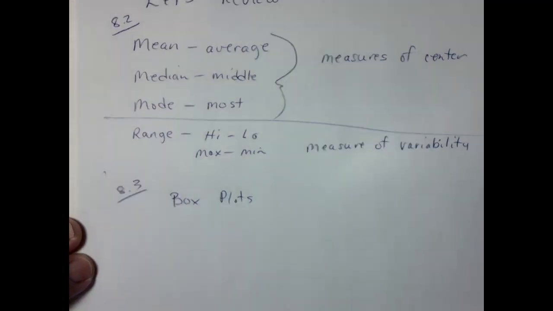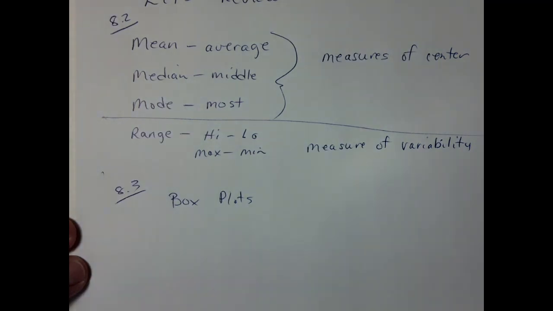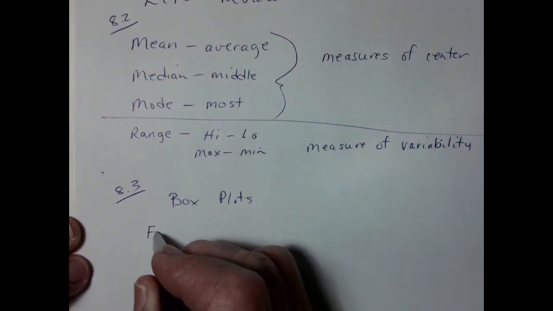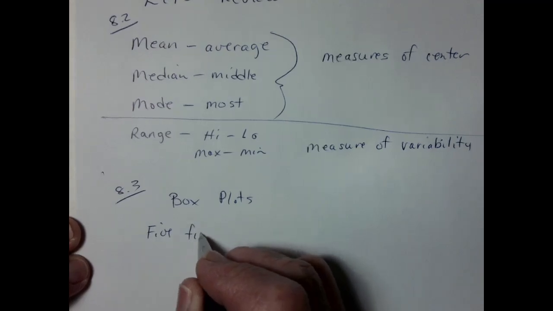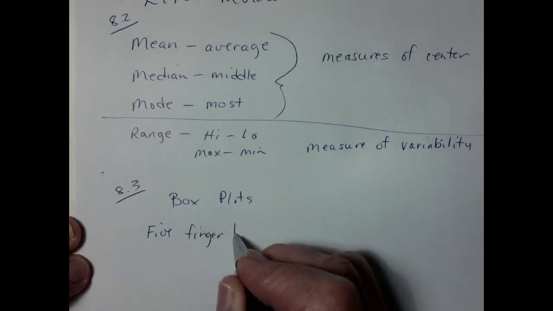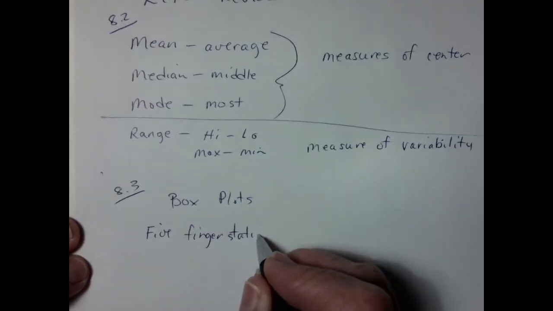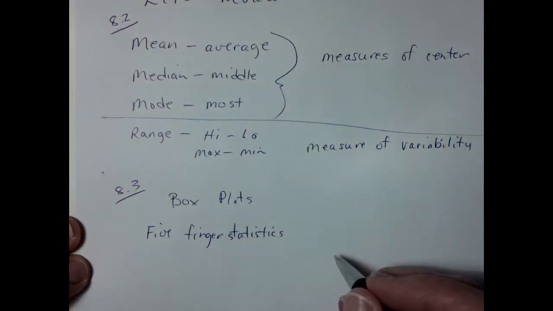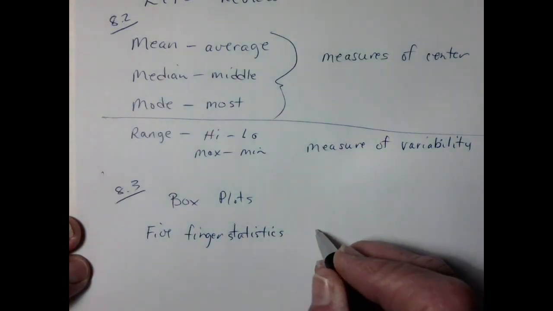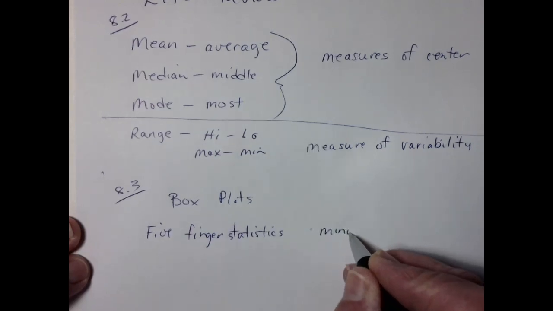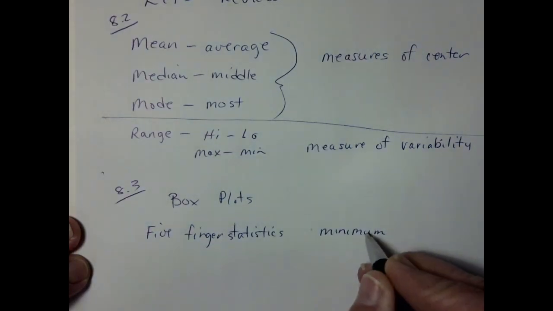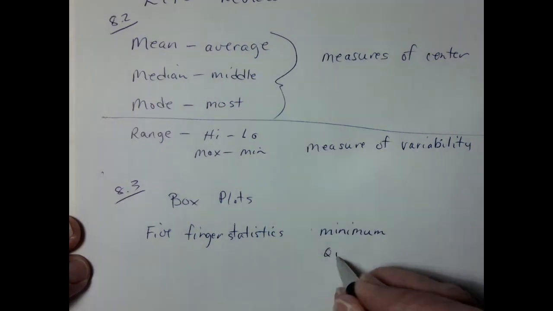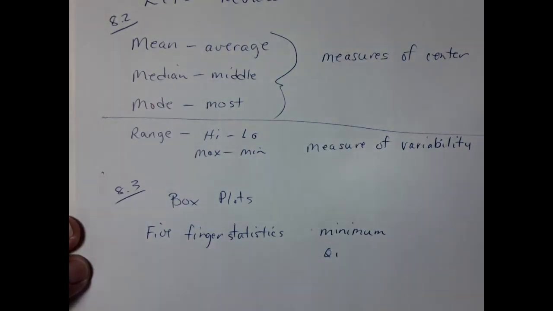And box plots require, you have to know 5 things to build a box plot. So we call this the 5-finger statistics. Okay, so we have to have a minimum, that's our lowest piece of data. We have to have Q1, quartile 1.